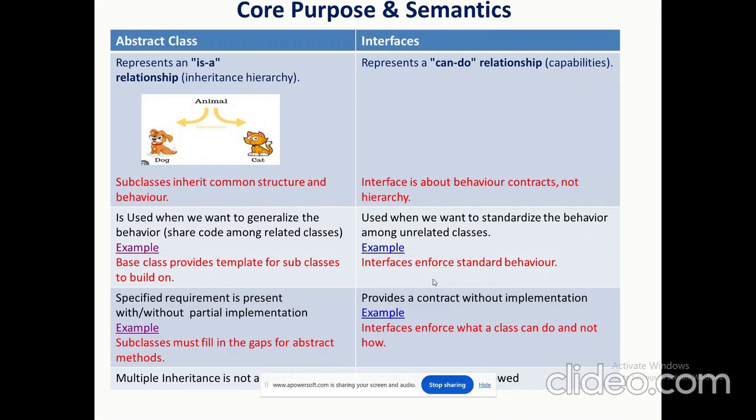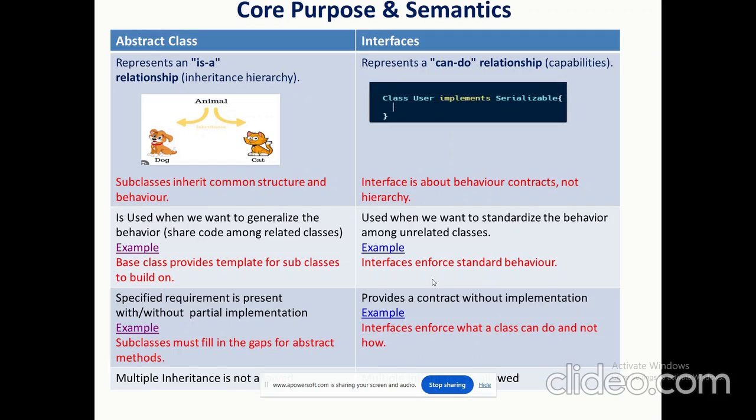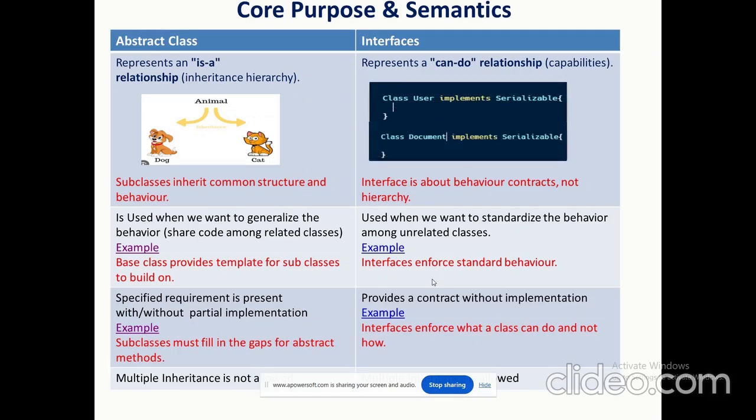Contrast it with an interface, which represents a can-do relationship. That is, interface defines capabilities a class can adopt regardless of its inheritance chain. The most common example of interface is the serializable interface, which when an object implements, can be serialized.